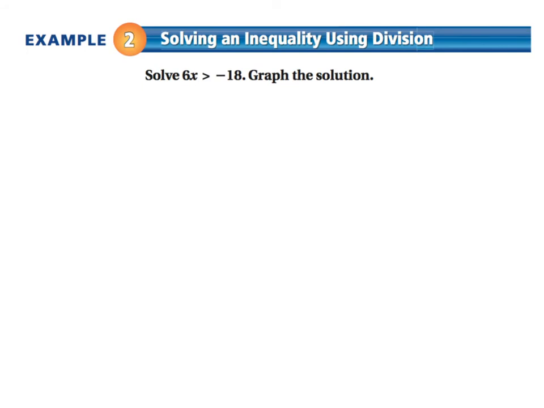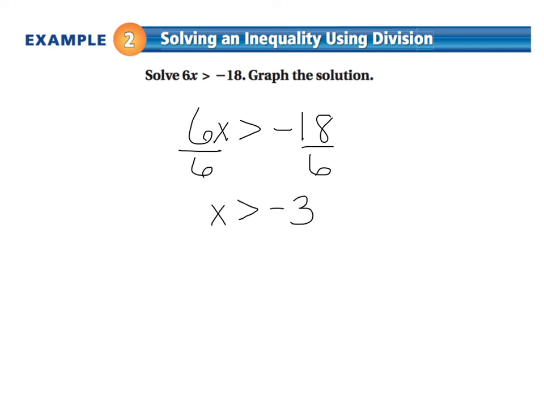Example number 2. Solve the inequality 6x is greater than negative 18. What do we do to both sides? We divide by 6. So x is greater than negative 3. If you graph this, what kind of circle would I have on x is greater than negative 3? Open.